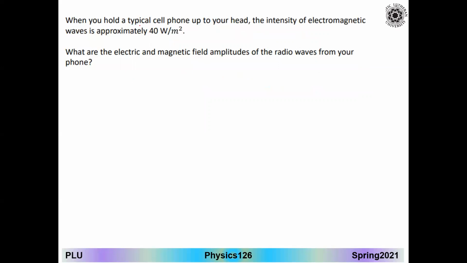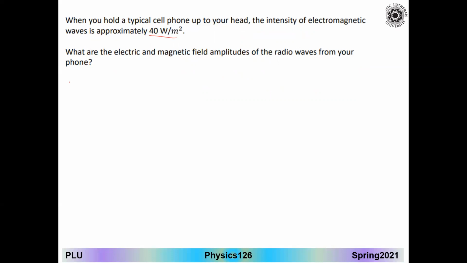we are given a cell phone, and it has an intensity of the electromagnetic wave of 40 watt per meter square. They ask you to find the electrical and magnetic field amplitude of this wave.